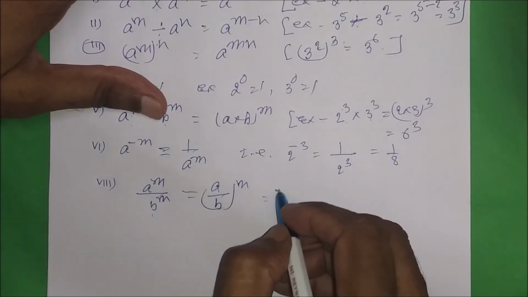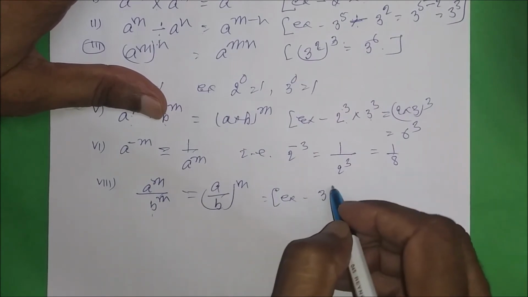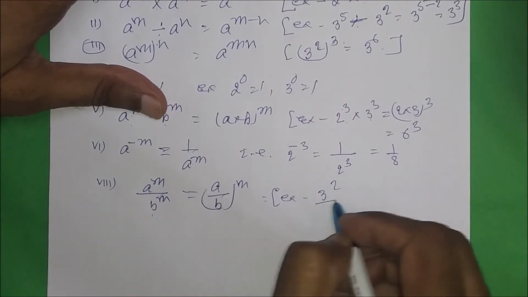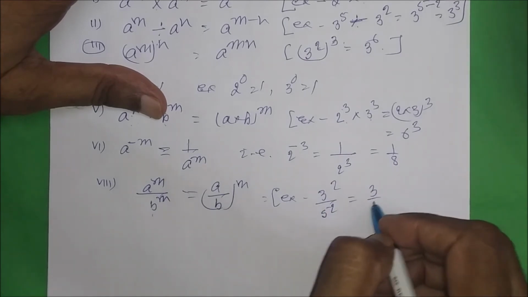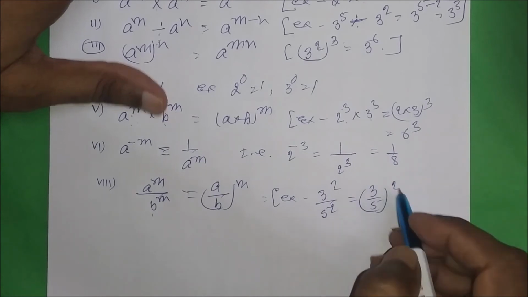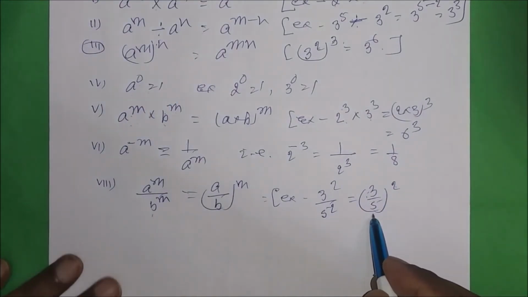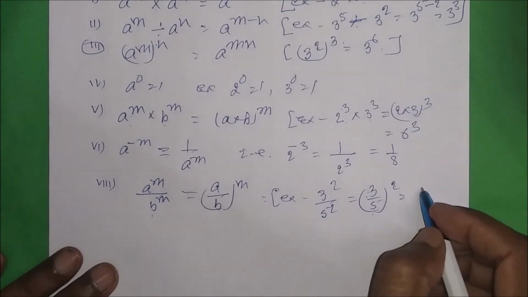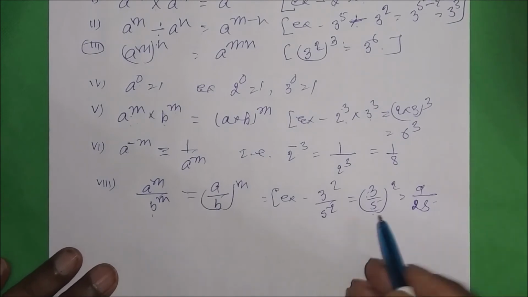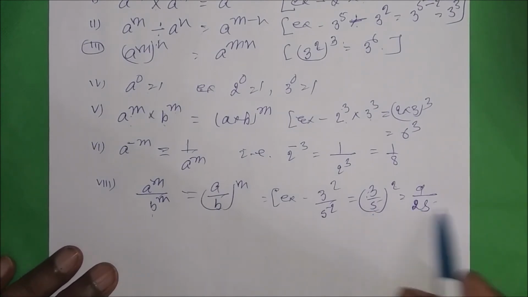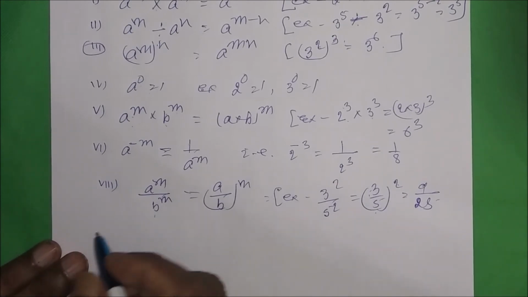For example, 3 to the power 2 and 5 to the power 2 will be 3 by 5, to the power 2, meaning this 2 is the power for the numerator and the denominator also. Or you can write 9 upon 25 as the value. This was the exponential form, and when you find the value, it is considered like that.